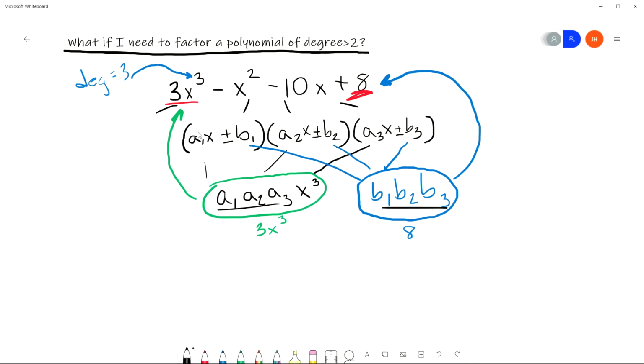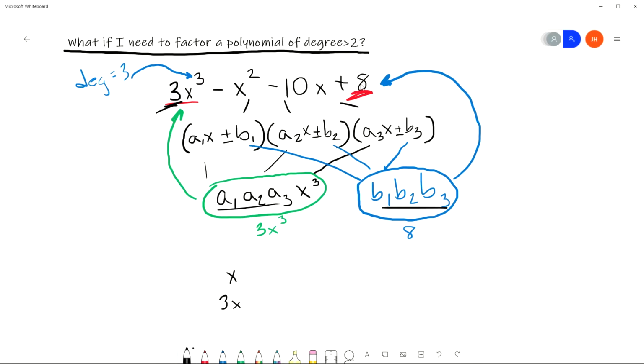All of the x terms here, a1x, a2x, a3x, should all be some sort of factor of 3x cubed. Particularly, I care about that number 3 there. What are the factors of 3? 1 and 3. So the factors of 3x cubed are x and 3x, right? These could all have been either a single x or 3x.